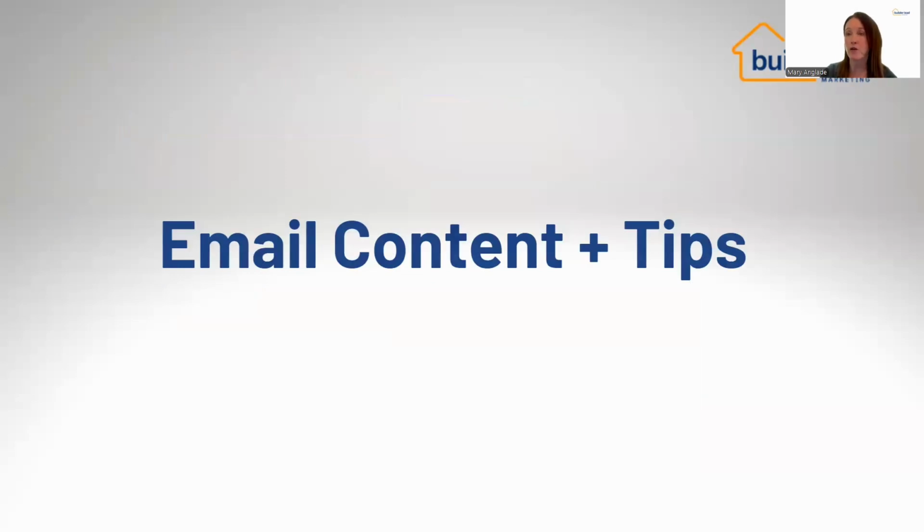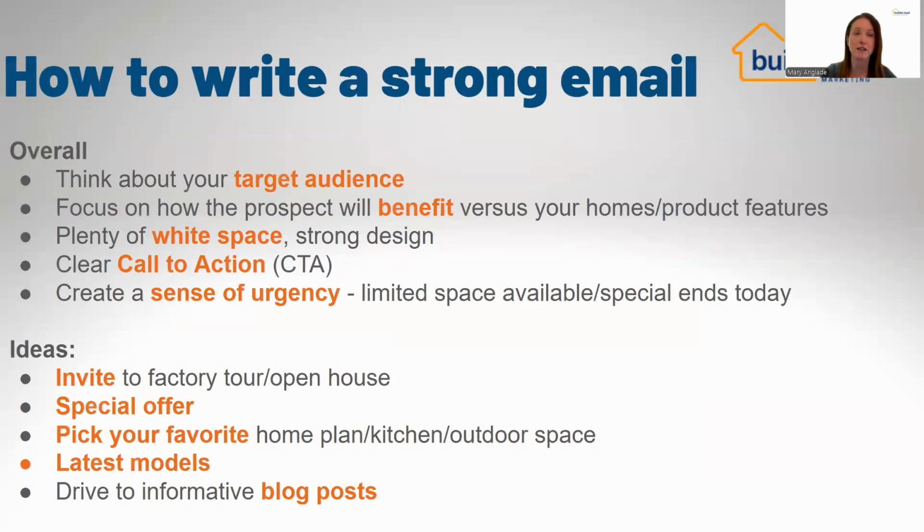So let's talk about what you are going to write. Here are a few tips and some content ideas. We started off the webinar talking about our target audience. So you really want to think about them, because that's going to set the tone of your email. If you're dealing with older people or younger people, you're going to want to adjust that. Focus on the benefits.